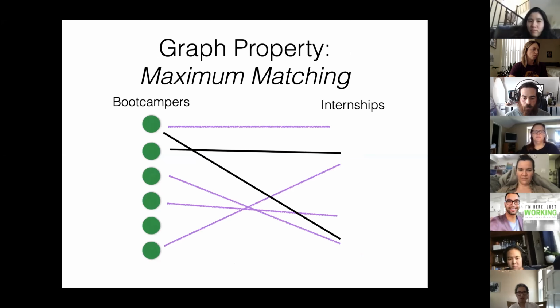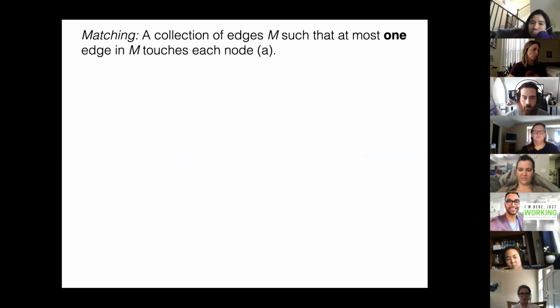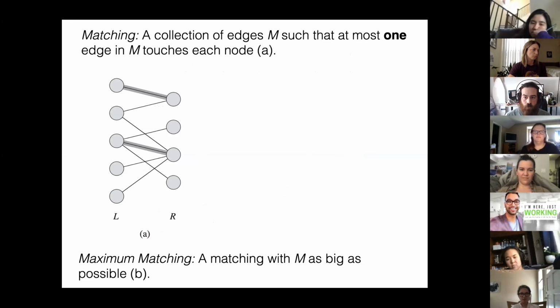which takes boot campers and internships and highlights certain edges. And the property that it's going to have is the following. It's a collection of edges such that at most one edge in the matching touches each node. Okay? So that's what gives you the 1 internship per boot camper rule.